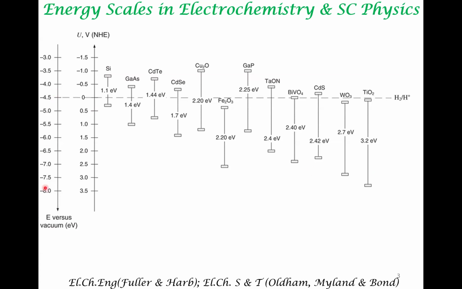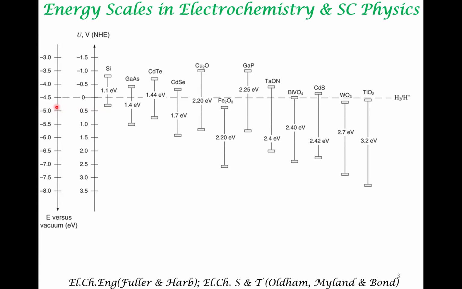Then against this scale, if you ask how much energy is needed to remove an electron from the valence band of titanium dioxide, that will be some quantity here. If you ask how much energy is required to remove the electron from the conduction band of titanium dioxide, there will be some quantity here.